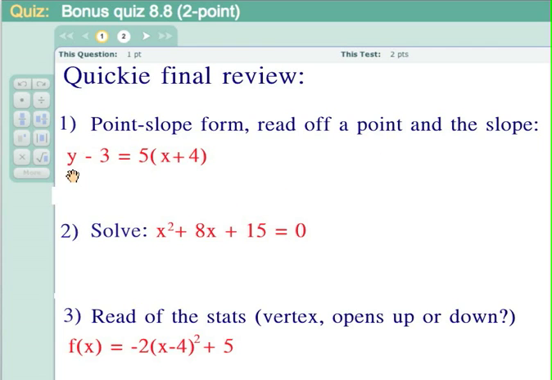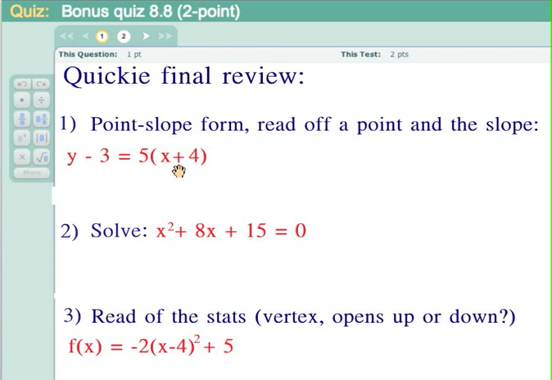Well, this is the first form. I'm giving you one that's in point-slope form, and I'm asking you to read off a point and the slope. So the slick way to do that is, I'm hoping that you remember that this number right here is the number that determines slope. And so the slope for this line is going to be m is equal to 5. Now the slick way to read off a point isn't to futz around with the formula.